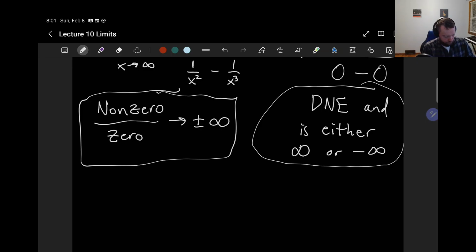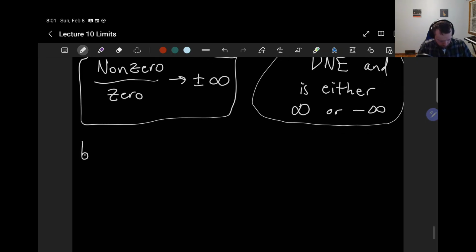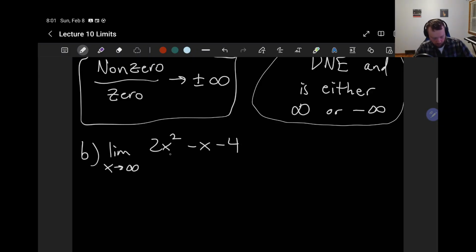Last one. The limit as x approaches infinity of 2x squared minus x minus 4 over x squared plus 1.